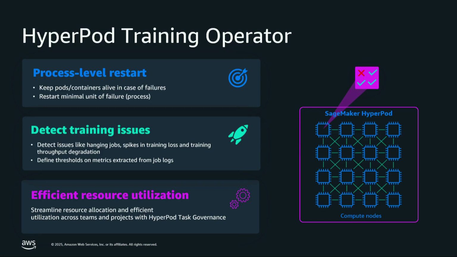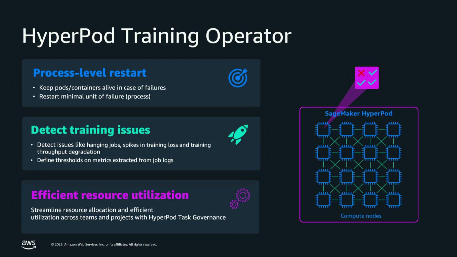Secondly, the operator supports something called custom monitoring. What we mean by that is that in addition to monitoring for the infrastructure failures, including the GPU issues and network issues, the operator can be configured to monitor the failures happening in your training job logs.